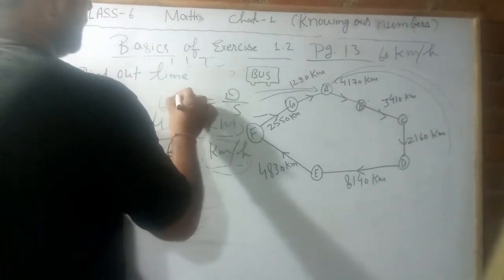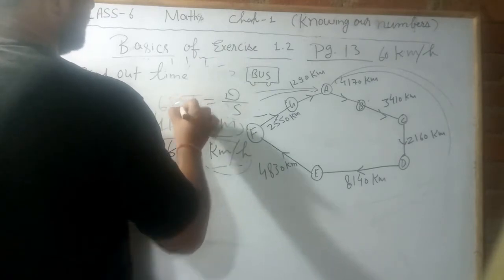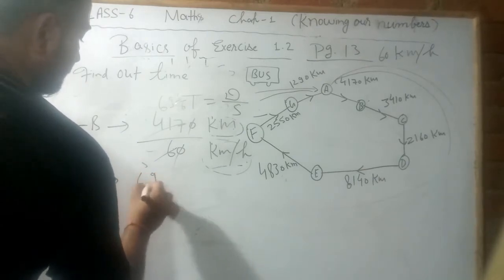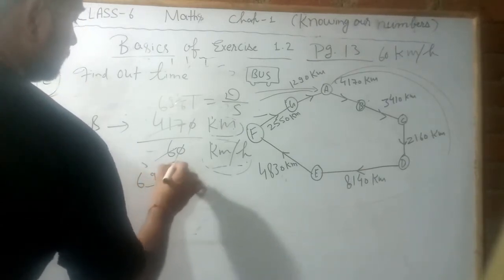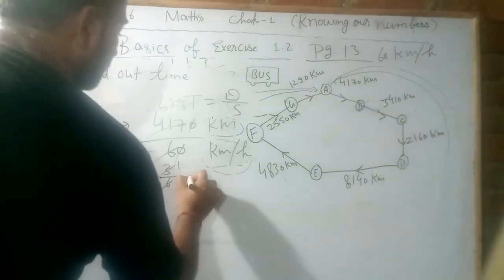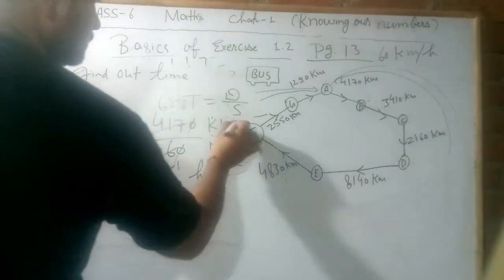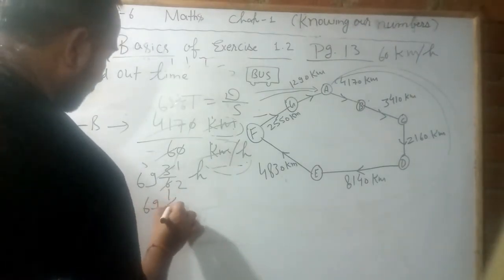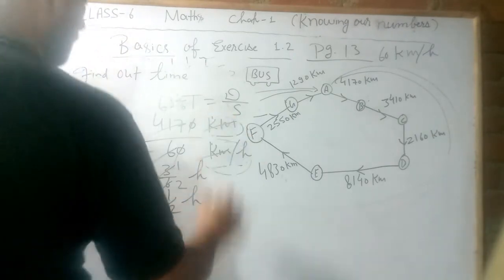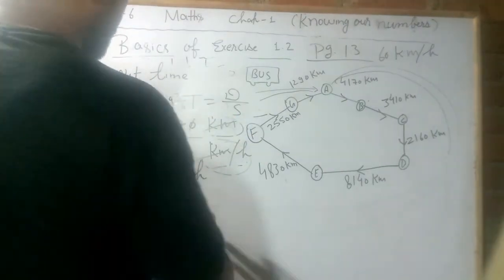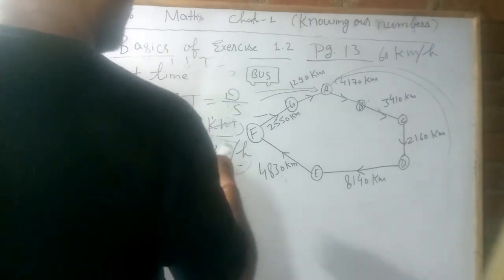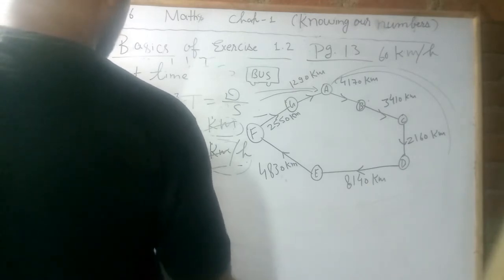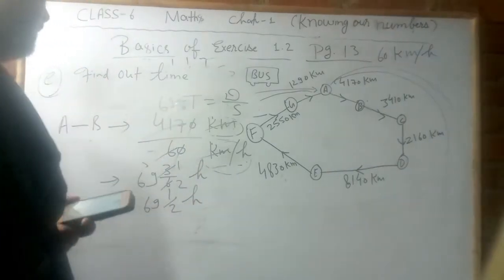So 3 is left. So that will come like that. 69, and 3 by 6 means 1 upon 2 hours. Clear? 69 and 1 upon 2 hours. This means for A to B, the time taken was this much, 69 hours and a half.